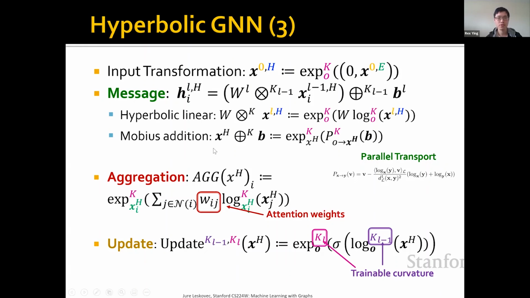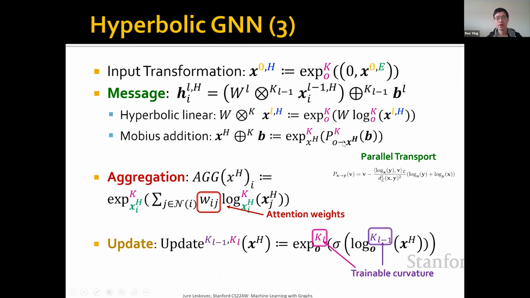Similar is also true for addition, but here we need a special operator called parallel transport, which tells you how to move the vector around in the space. This might not seem very intuitive, because in Euclidean space, a vector can be moved around without affecting its length.